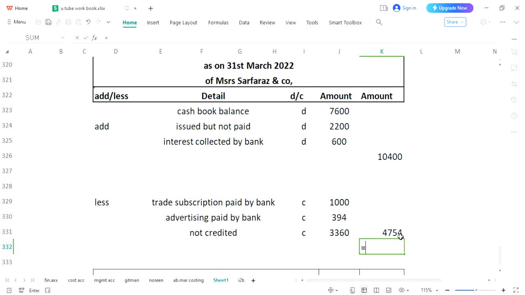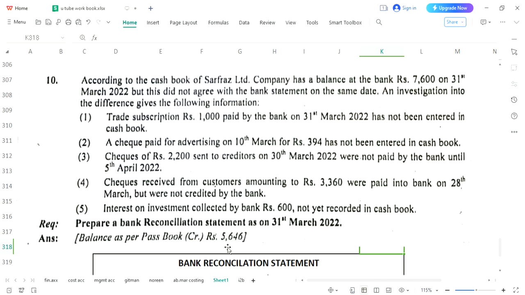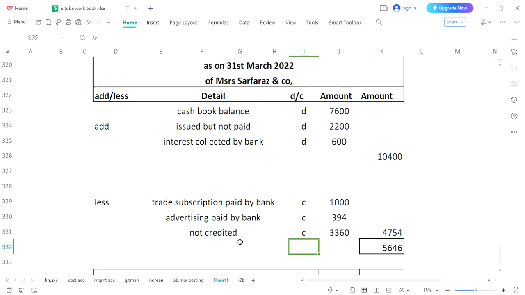It's time to take the difference. You will take the sum of the debit side and subtract the sum of the credit side. You have got your amount 5646, and here is your answer, 5646. Now it's time to write debit or credit, whichever has the larger amount. 10,400 debit, 4,000 credit. It means the larger sum is debit. Just write down debit. In this way, the question has been completed.